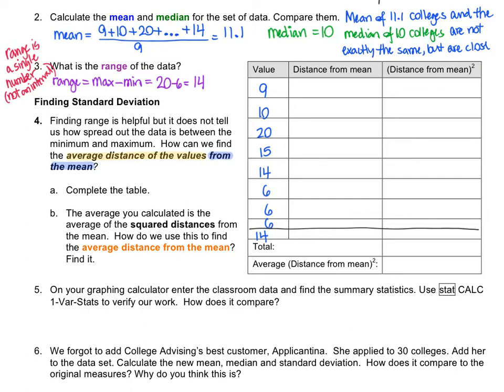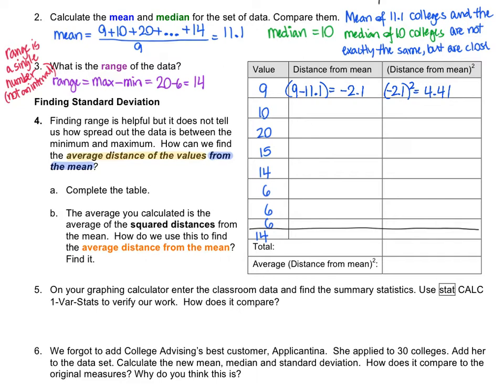And then in the 3rd column, we're going to square the distance away from the mean. So we're going to start with the subtraction. So 9 minus 11.1 gives us negative 2.1, and then we're going to take that number, negative 2.1, and square it, and we end up with 4.41, which is a positive number, just for the record.